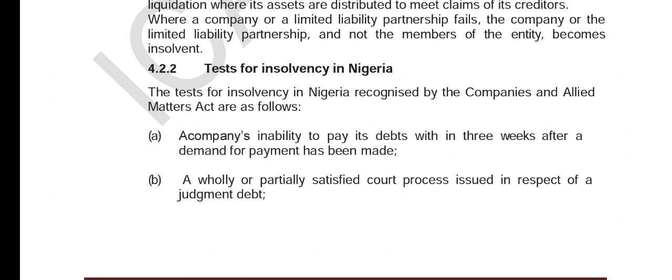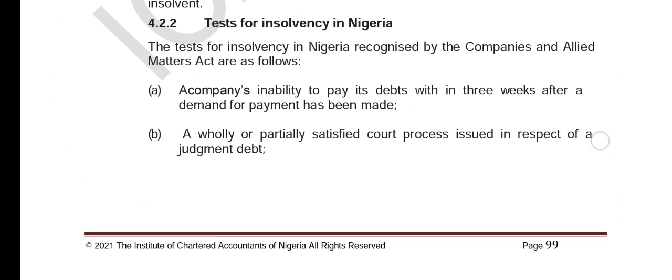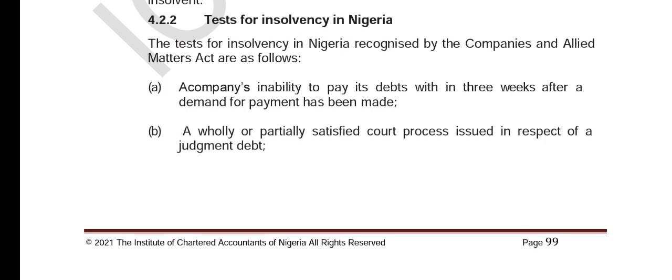There are tests for insolvency, which are recognized by the Companies and Allied Matters Act. So when do you say a company is insolvent? First is when the company is unable to pay its debt within 3 weeks after a demand for payment. Let's say you as a creditor went to meet a company and they are unable to pay your debt after 3 weeks of meeting them.